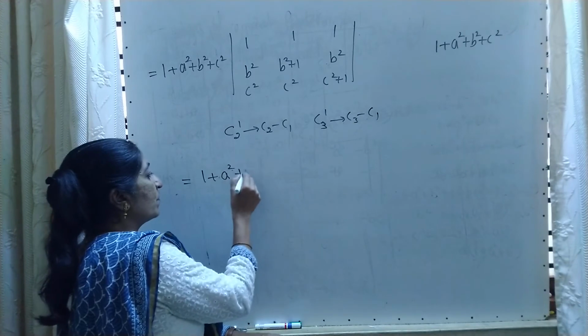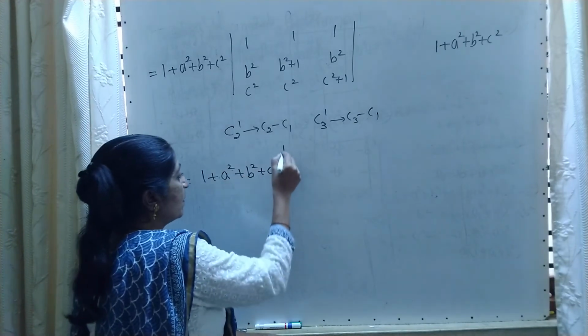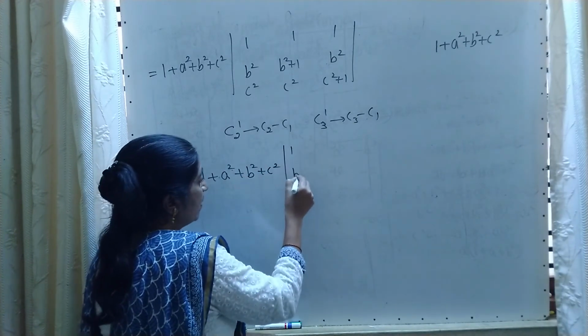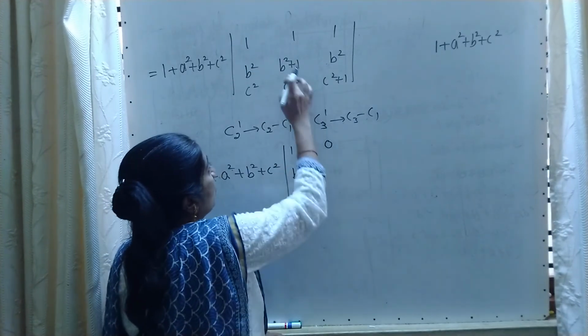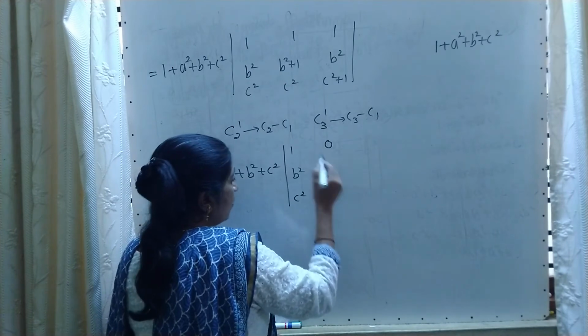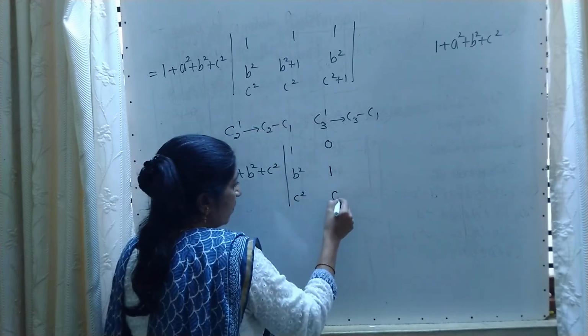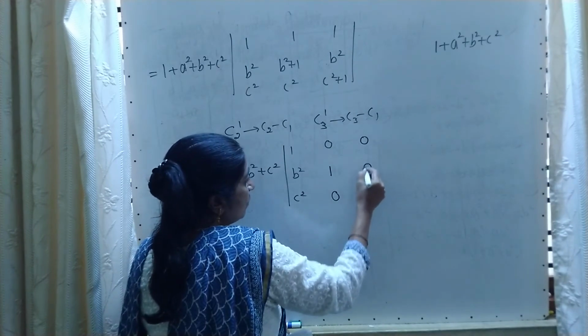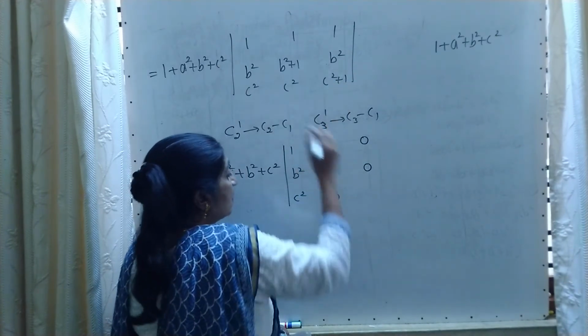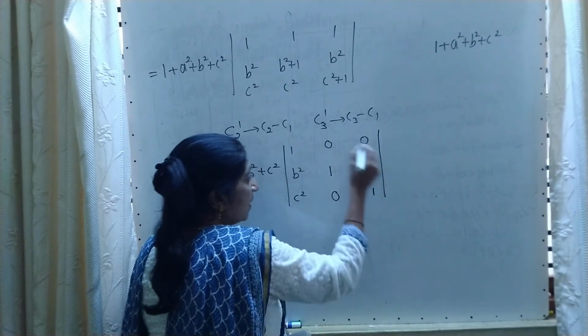Outside we have 1 plus A square plus B square plus C square. It is 1, B square, C square. C2 minus C1: 0. B square plus 1 minus B square is 1. C square minus C square is 0. C3 minus C1: this is 0, this is 0, and C square plus 1 minus C square is 1 remaining. Take a pencil.